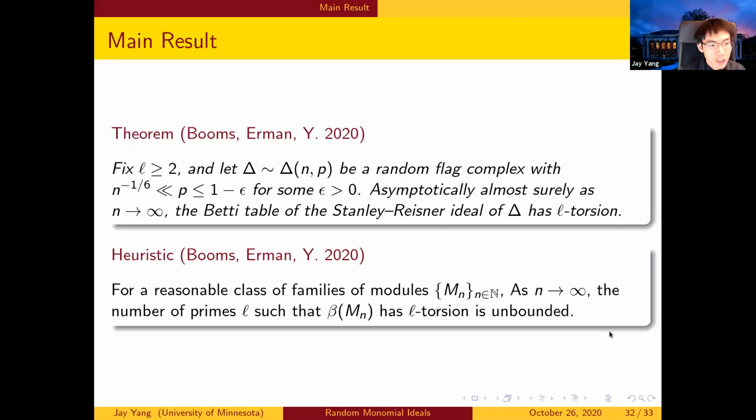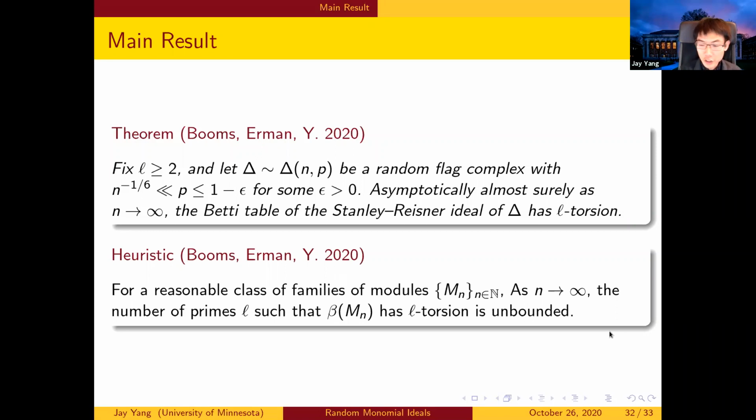Okay. So heuristically, this should tell us that for some reasonable class of families of modules, which we haven't tried to define precisely in this case, as n goes to infinity, the number of primes such that the Betti table has L torsion is actually unbounded. This is our heuristic.